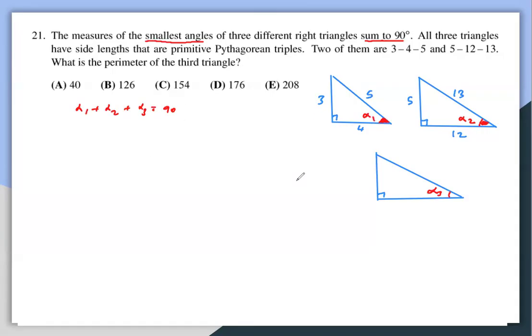What we can do is try finding alpha 1 plus alpha 2. If we can find that, then we can use it to get alpha 3. I can try trig identities. I can take the cosine of this entire sum because it adds up to 90 degrees.